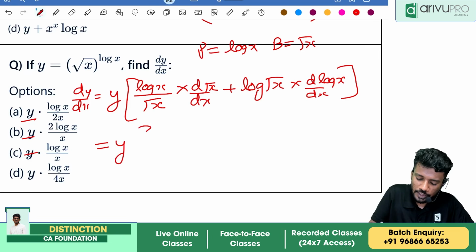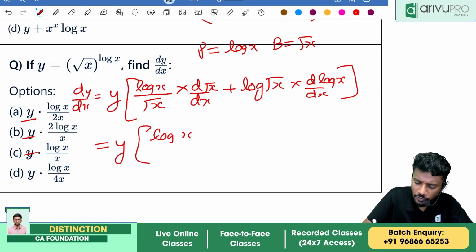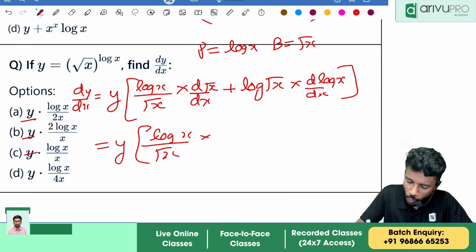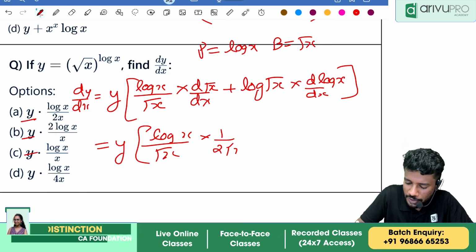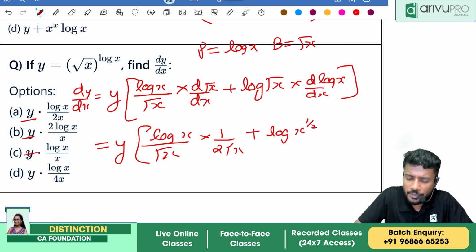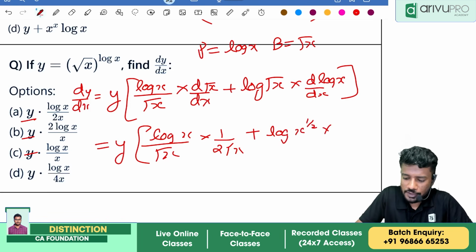Which is equal to y into log x divided by root x. Now you tell me now what is the derivative of root x? 1 by 2 root x plus what is log of root x? Can I write it as log of x the whole power 1 by 2 into what is derivative of log x? That is nothing but 1 by x.